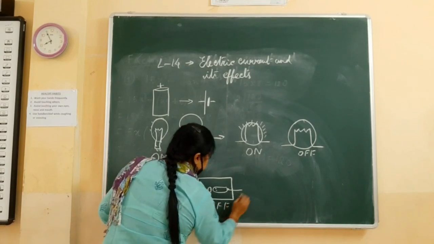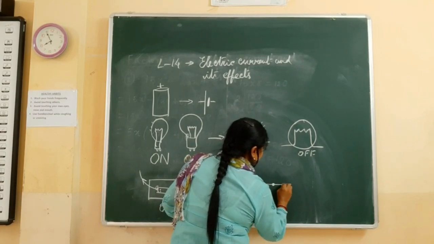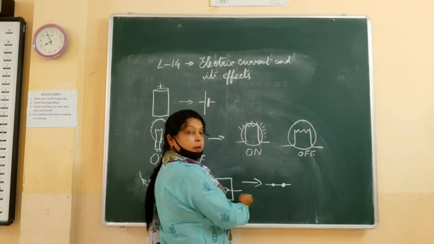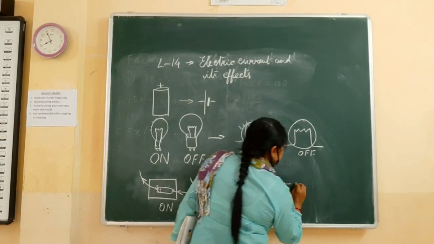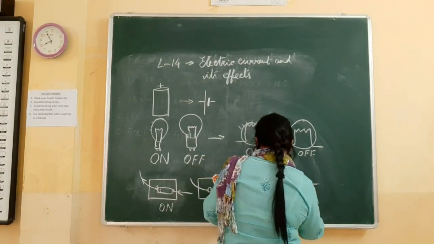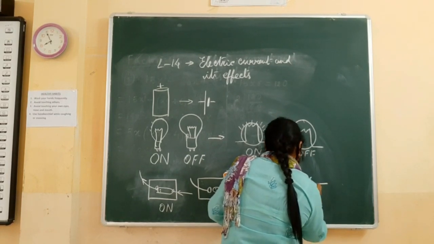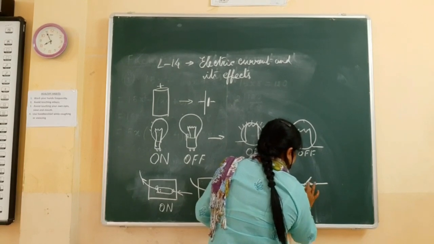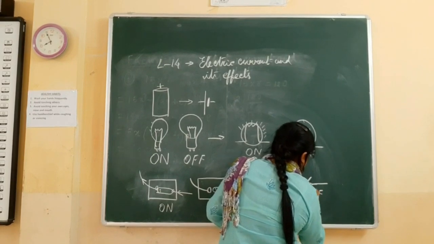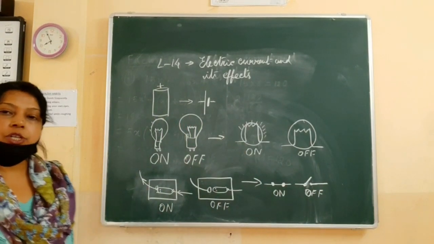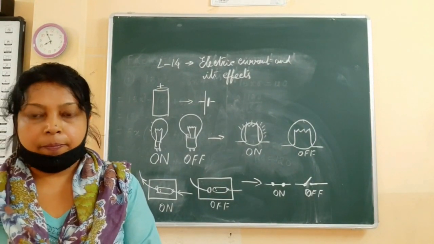Now, what are the symbols? The symbol for the on position is a long line with two dots, and here is the one line, so it is a broken line. This is the symbol of the switch in off position. Clear?